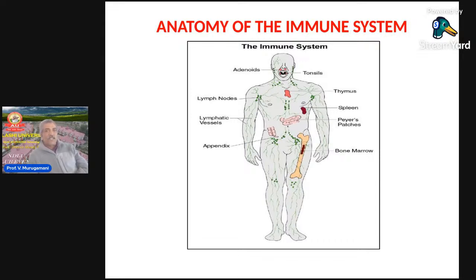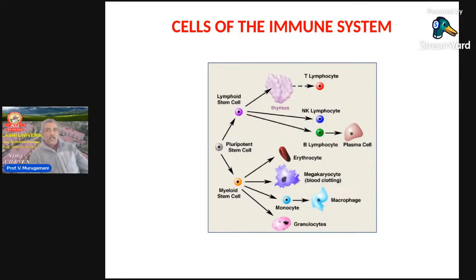Not only these, but the whole body, each and every cell, plays a role in protecting against pathogenic organisms entering the human body. This protection originates from stem cells. These stem cells produce two types of cells: lymphoid stem cells and myeloid stem cells.